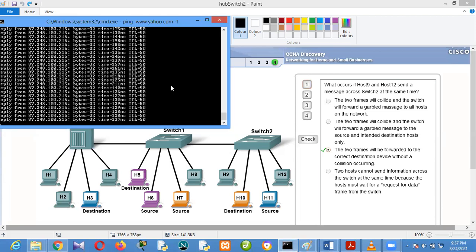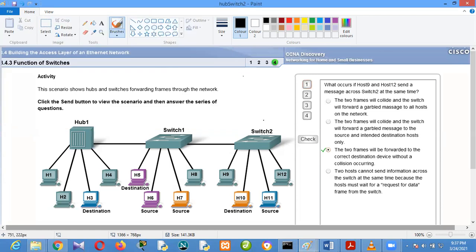Okay. So if this source is asking who is H3... H11, I think I've explained this one before. Let me use another one.